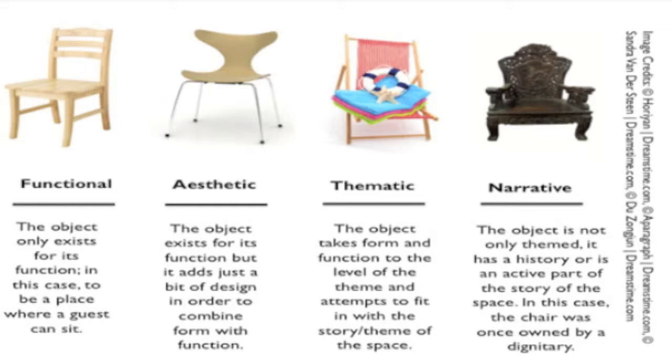It might be a chair that has a particular modern design, and thus it has an aesthetic appeal to the guest. The third would be thematic. The idea is that it actually fits in with the space. So if you're developing a tropical space, you certainly wouldn't want a Western themed chair in that space. You'd want something that would fit in with the actual theme or the thematic approach to that object.